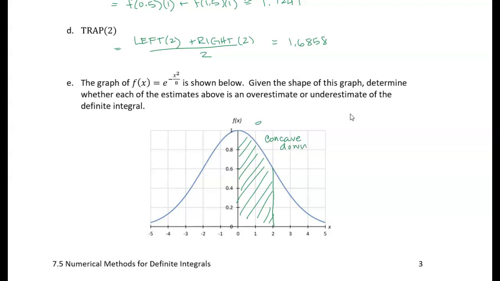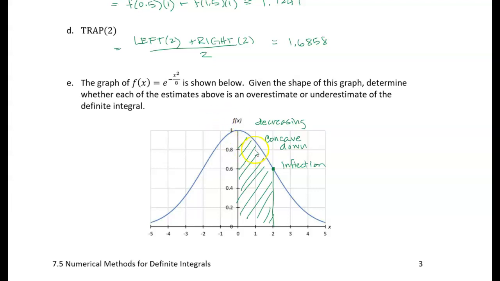Okay, so based on that, we can evaluate whether or not these Riemann sums are over or underestimates. Now, there actually is an inflection point here. If you take the second derivative of the function and evaluate it, there's an inflection point at 2. But you can take my word for it. All right, so it's decreasing and concave down.